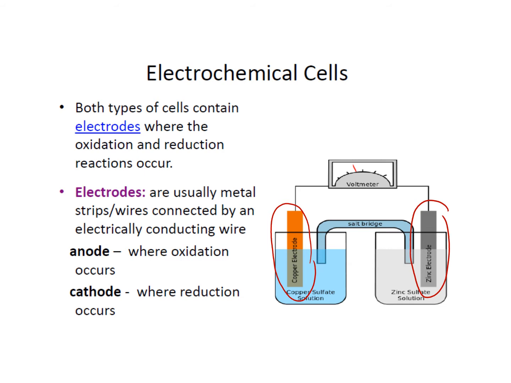Usually the electrodes are just some metal strips or wires connected by an electrically conducting wire. We call the electrode where oxidation occurs the anode. And we call the electrode where reduction occurs the cathode.